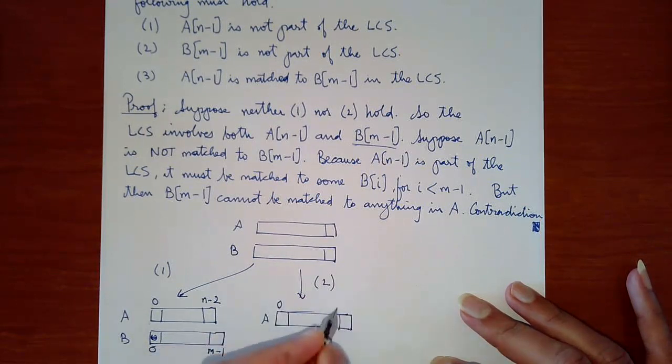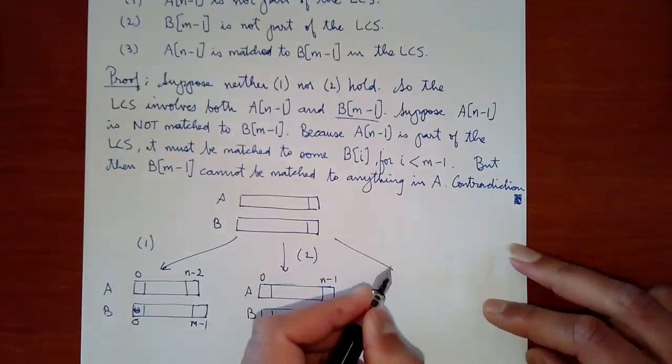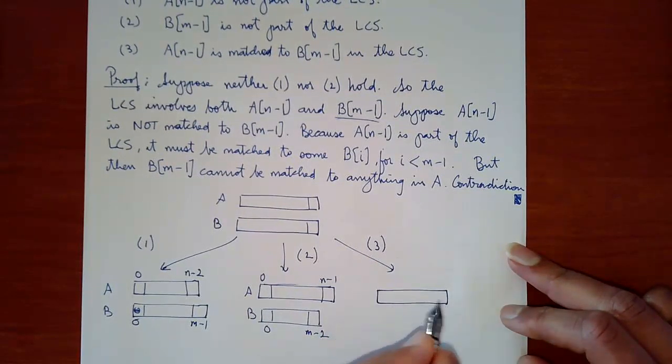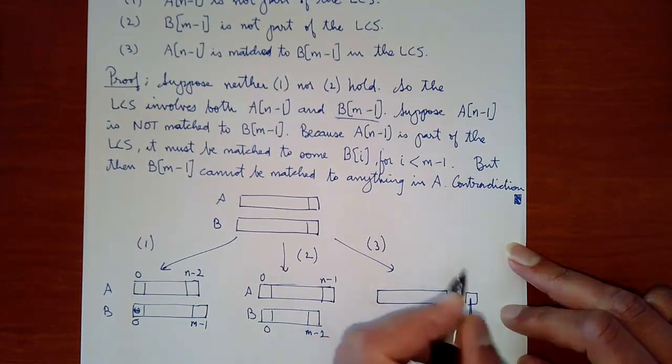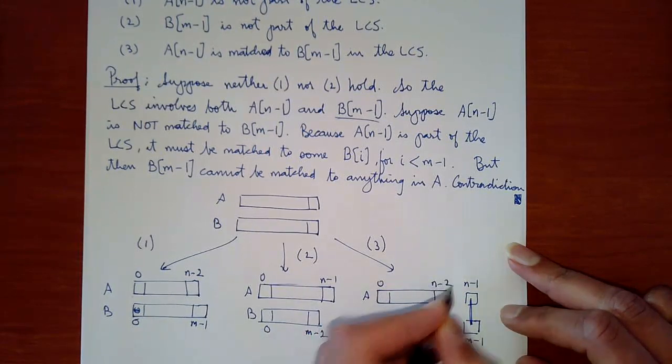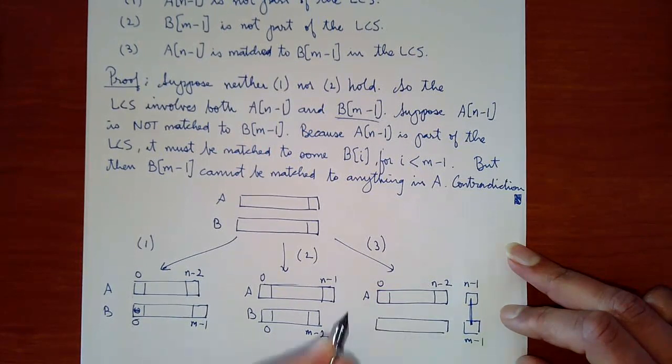Here A goes from 0 to n minus 1, but B is going to be truncated. Or what you get in case 3, which is the interesting part, is that these are matched to each other, and then A goes to n minus 2, B goes to m minus 2.